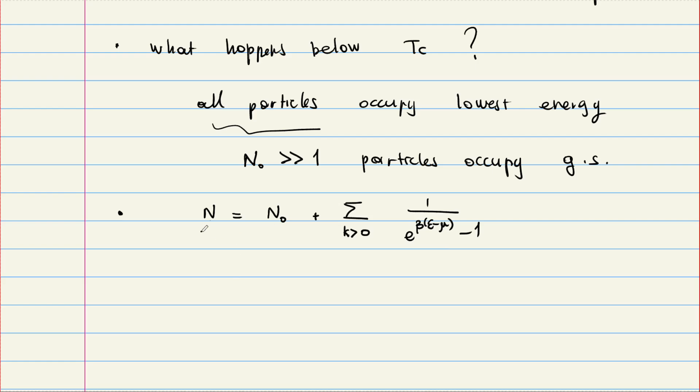And if you do all the things we said earlier, like change this sum to an integral by using the density of states, and convert it to density by using the volume, what you are going to have is n is equal to n0 plus (m kB T over 2 pi h bar squared) to the 3/2 times 2.612. I have these in the notes if you have a hard time deriving it, but they are standard.